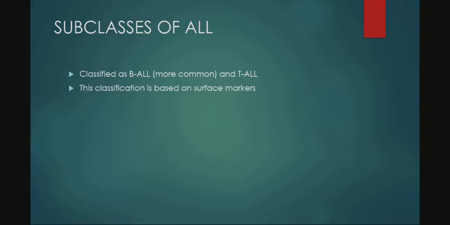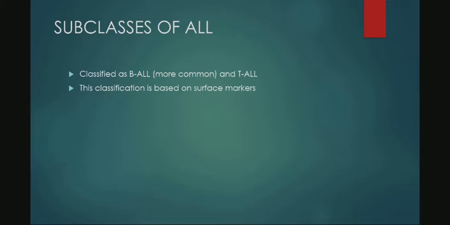Okay, then from there, what else are we supposed to know basically about this condition? Well, the B-ALL being the common type, it is important to understand that generally it has a good prognosis to chemotherapy.